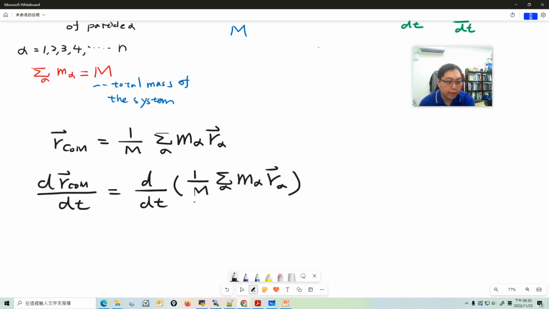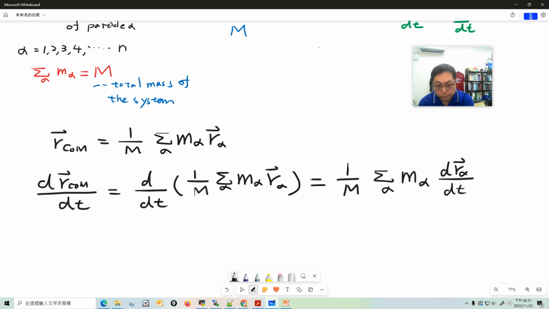Because the total mass of the system is constant, and the mass of each particle is also constant during motion, the mass can be factored out. So we only take the derivative of the position vector of each particle, and this becomes 1 over M times the summation over alpha of m_alpha dr_alpha/dt.